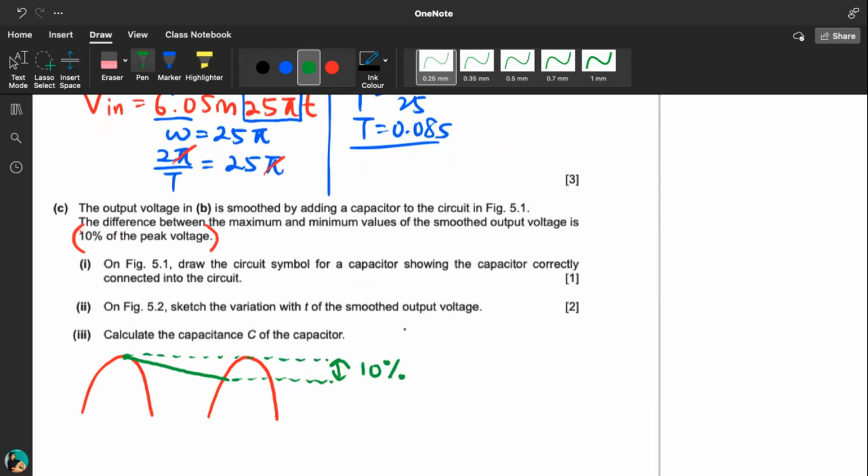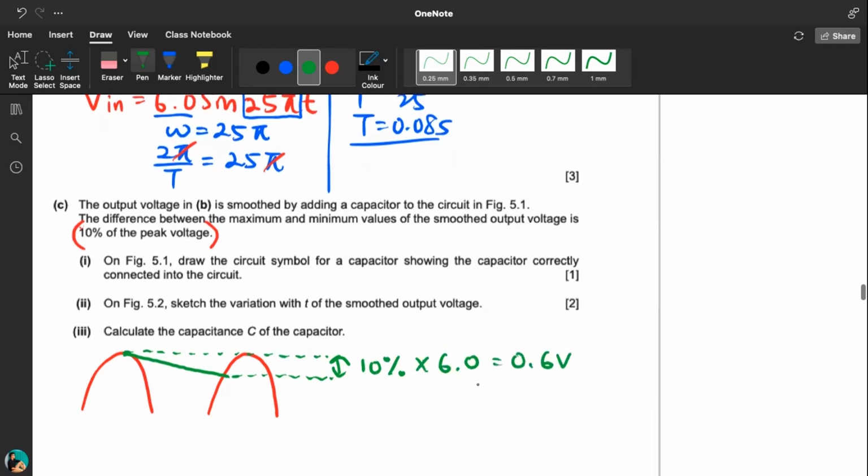You're going to find 10% of the peak voltage, which is 6. We'll do 0.6 volt.